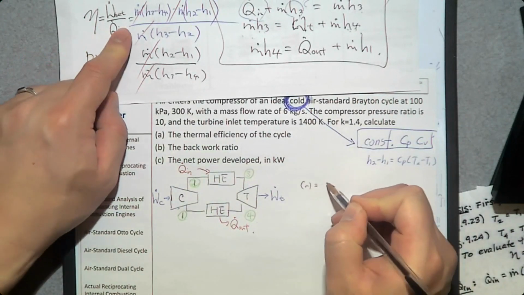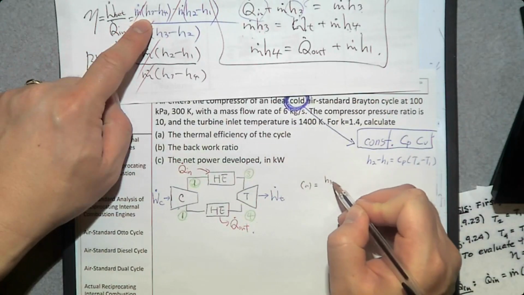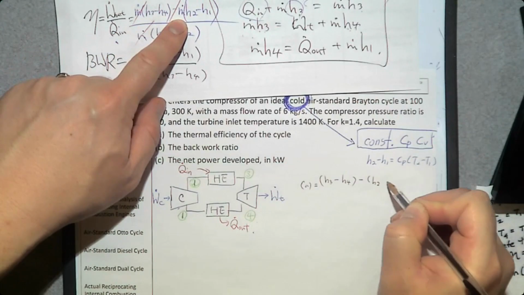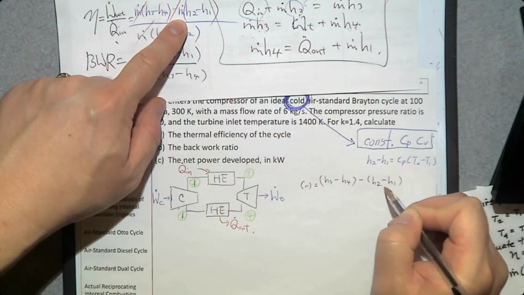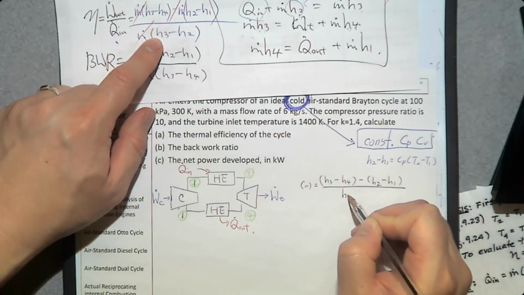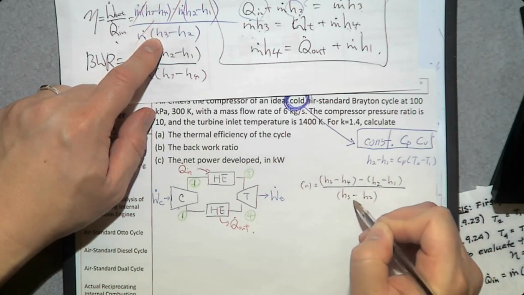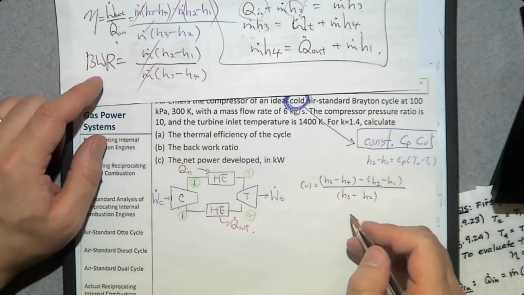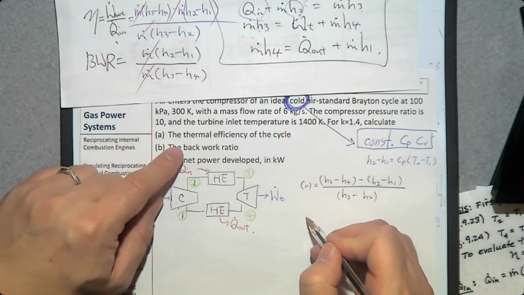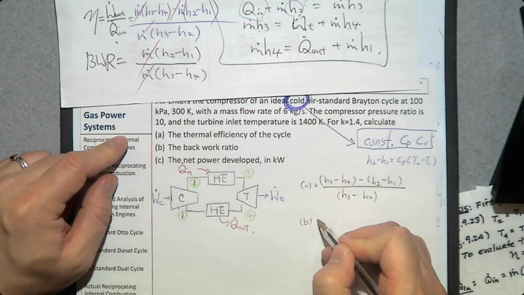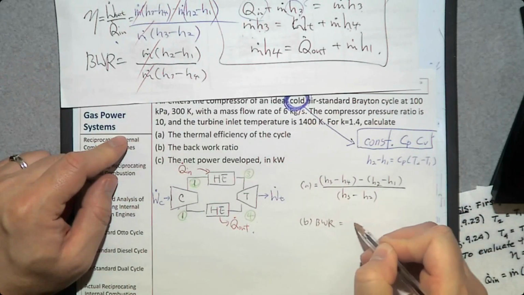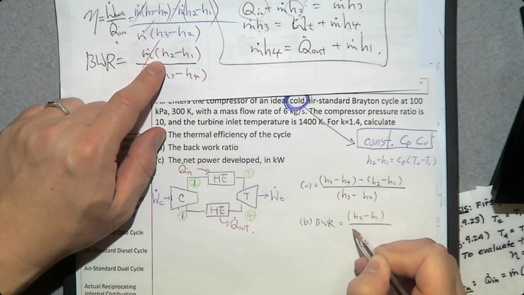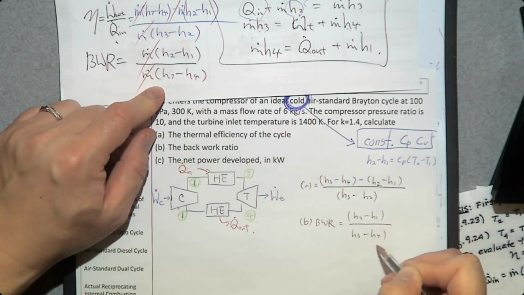The thermal efficiency of the cycle is (H3 minus H4 minus (H2 minus H1)) over (H3 minus H2). The mass flow rate cancels out. And the back work ratio is (H2 minus H1) over (H3 minus H4).